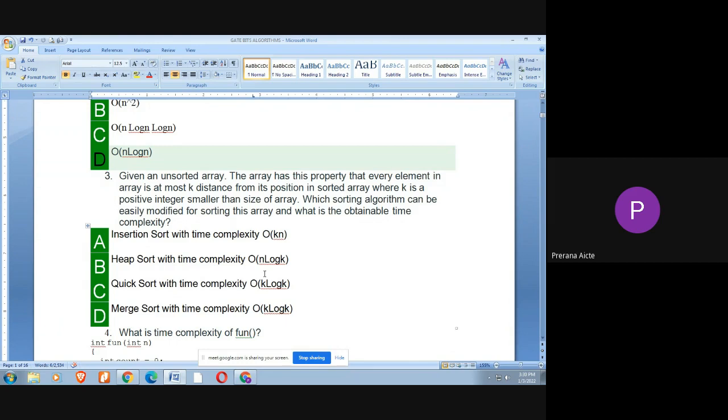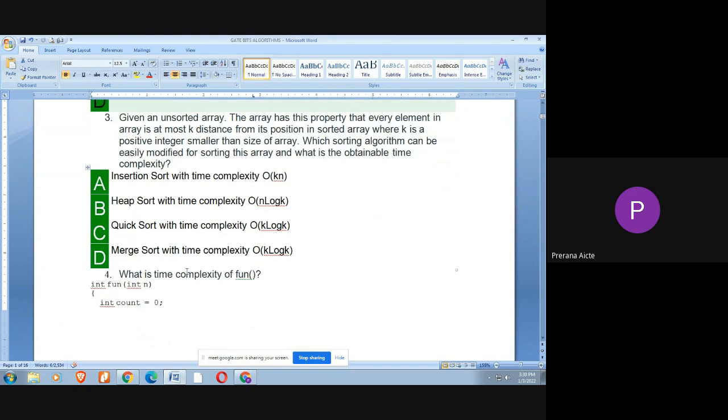So it is overall order of k plus order of n minus k into log k plus order of 1. So in that case, we are going to have order of n log k. So with the heap sort, by using minimum heap, we are going to have the time complexity of order of n log k. So the answer is option B.